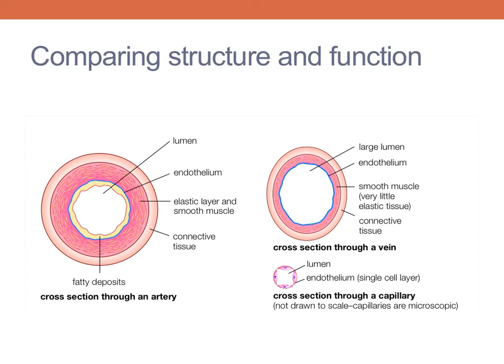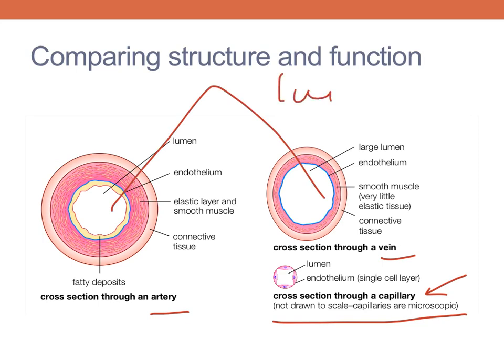Here's a useful diagram for comparing the structure of the artery, the vein, and the capillary. Please note they're not drawn to scale there. And you can see the differences here quite clearly. Note the differences in the lumen. So the lumen in the vein is bigger than in the artery.